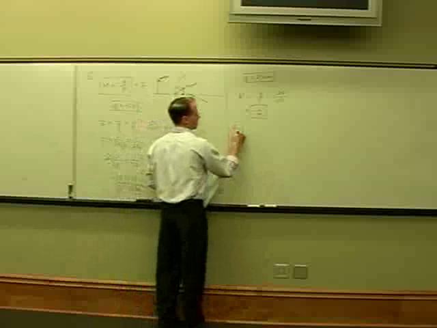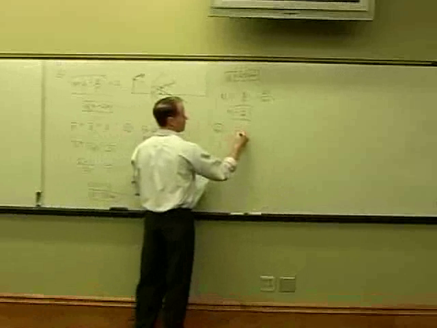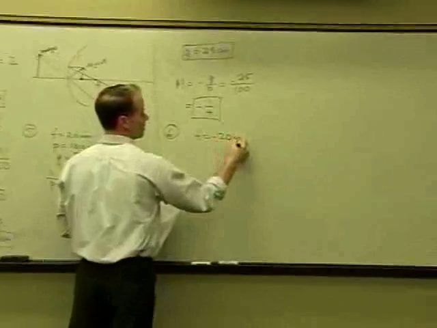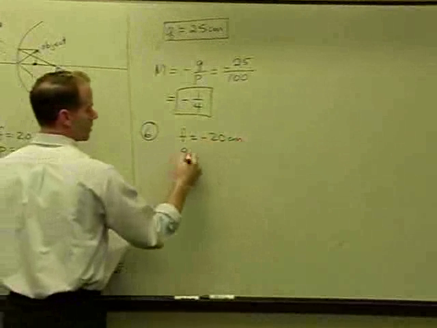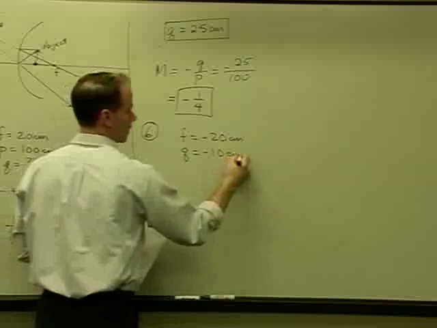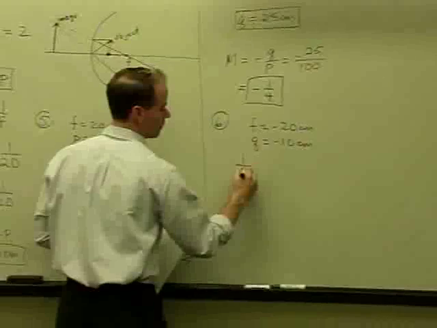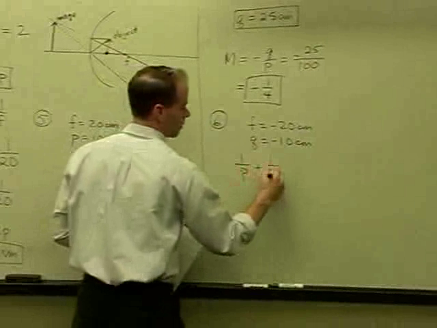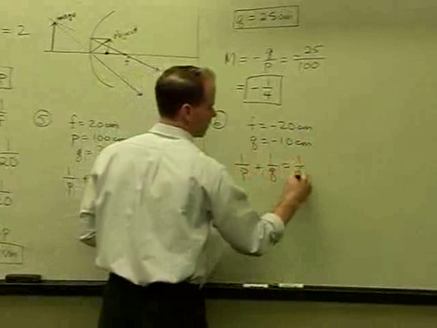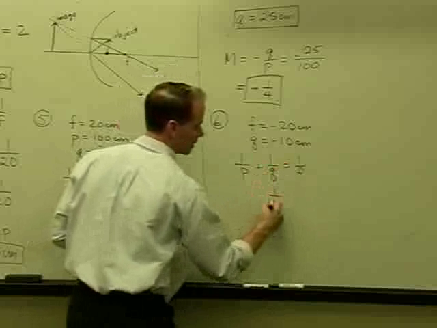Problem number 6. A convex mirror has a focal length of minus 20 centimeters. What is the object distance if the image distance is negative 10 centimeters? Okay, so the focal length is a negative 20 centimeters. Image distance is a negative 10 centimeters. And again, starting from the mirror equation, solve this for the object distance.